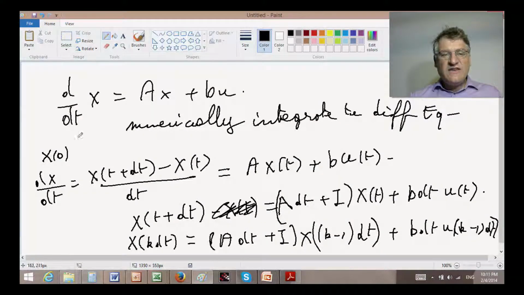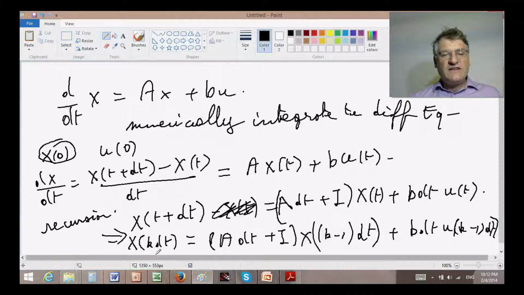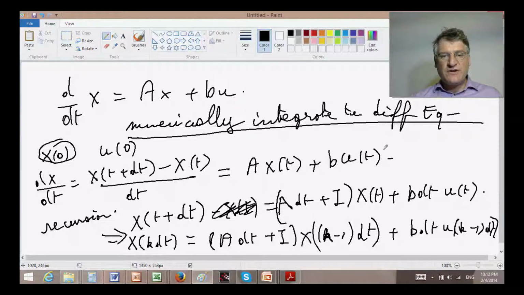Given that I have x of 0 and the corresponding u of 0, this is a recursion which allows me to get x of k times dt for any k, given the previous values that I have computed for x and the values of u. So this is a way to numerically integrate the differential equation.